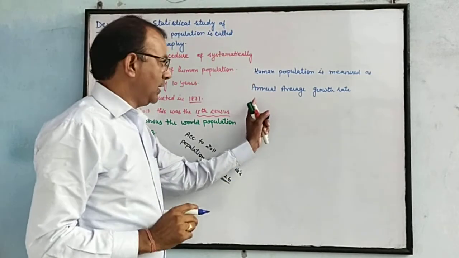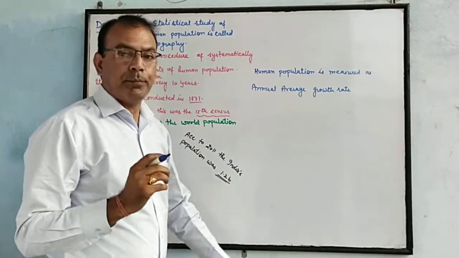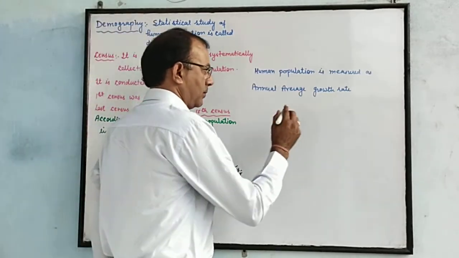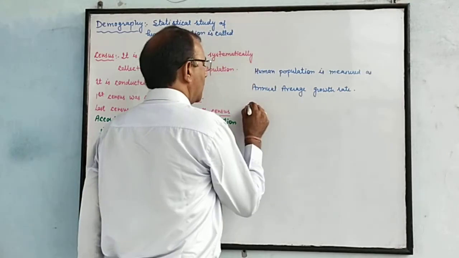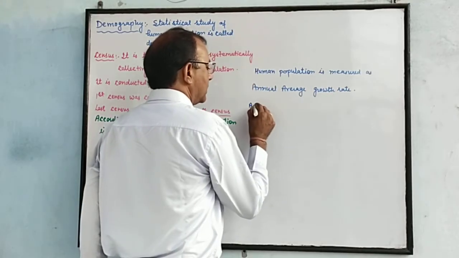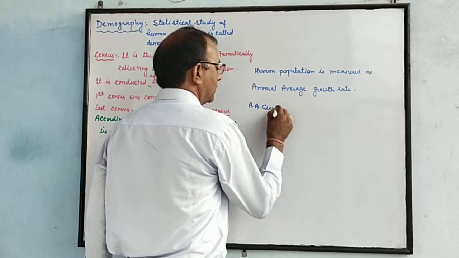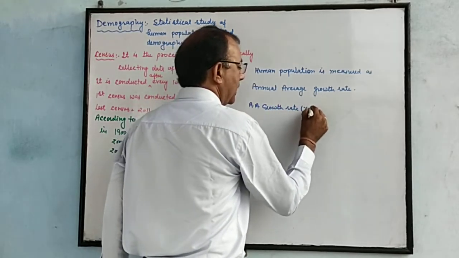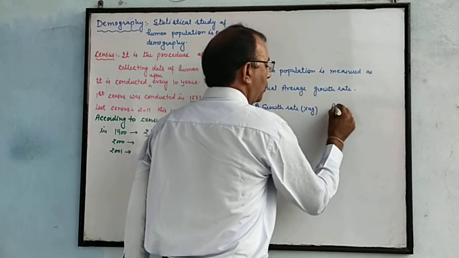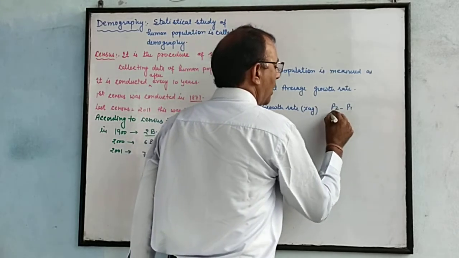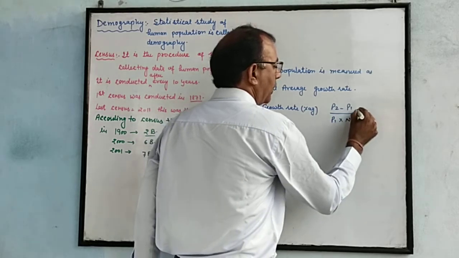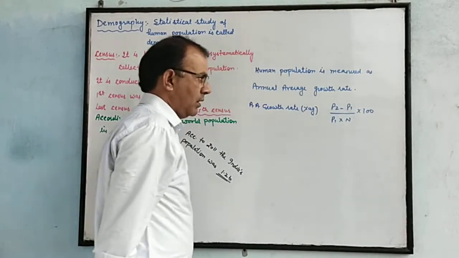The annual average growth rate percentage formula is (P2 minus P1) upon (P1 into N), into 100.